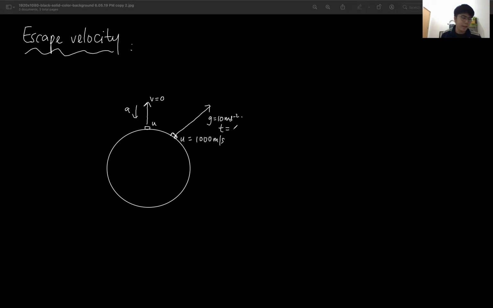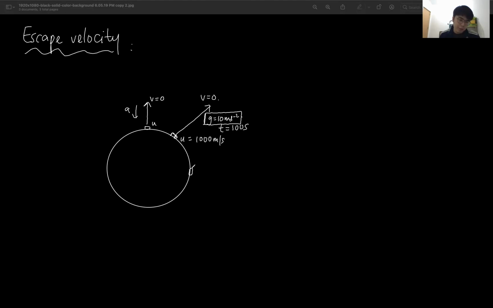After about 100 seconds, the v here would be 0 again, right? But from this distance to this distance, it is still very close to the surface of the Earth. So here, the g remains as 10. So again, when the final velocity hits 0, there's still g, so it will fall back down.